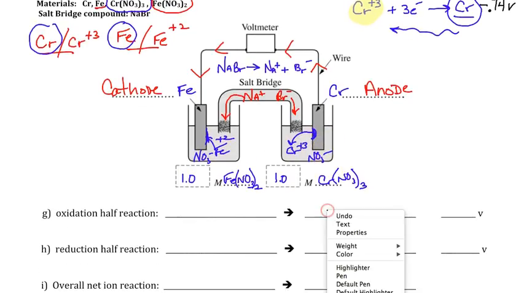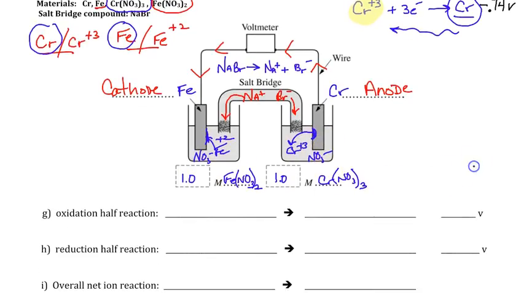Oxidation half reaction. Okay, well, oxidation would be that the chromium becomes chromium +3 and 3 electrons. Put in as many electrons as you need to make both sides of a half reaction equal. Okay? And then we're going to have what? Iron +2 gaining 2 electrons to become iron 0.